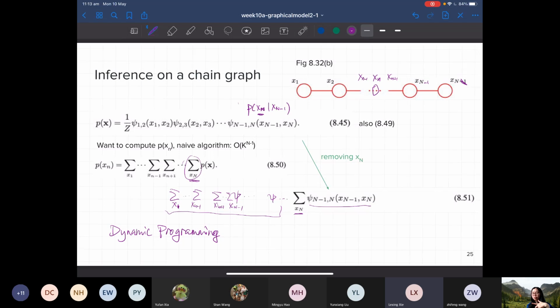It's an algorithm so useful that it keeps reappearing in different scenarios under different names, right? So the rest of this session and the next session are dedicated to dynamic programming and its different relations in graphical model inference. If you have used this elsewhere, you will feel this is familiar.